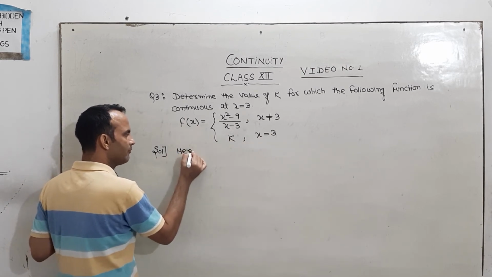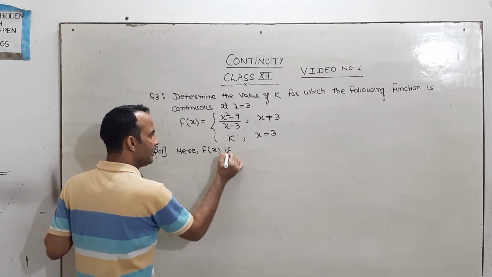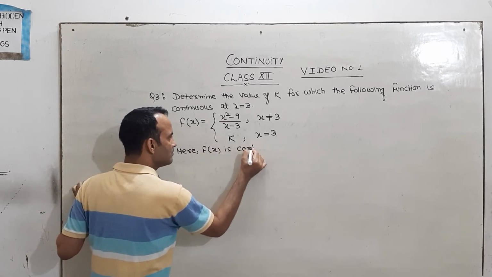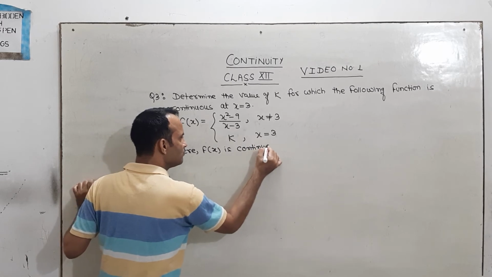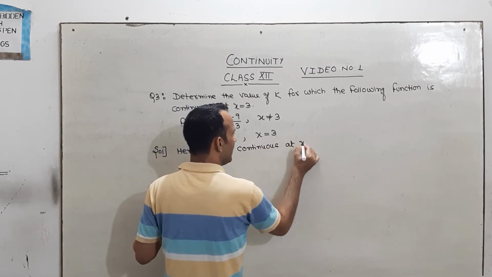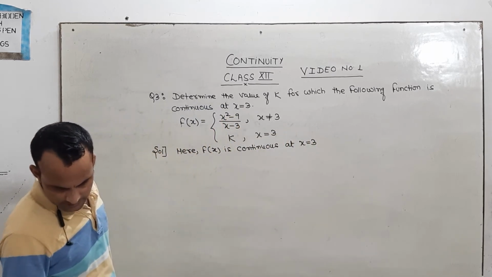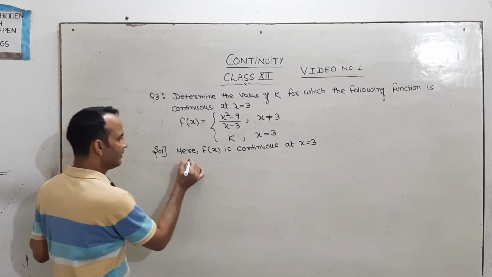Here, f(x) is continuous at x is equal to 3. Here f(x) is continuous at x is equal to 3.